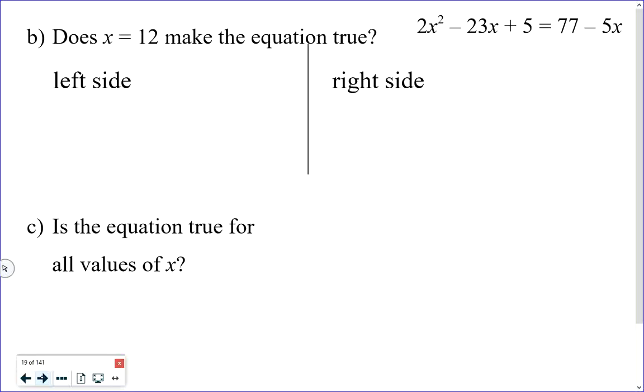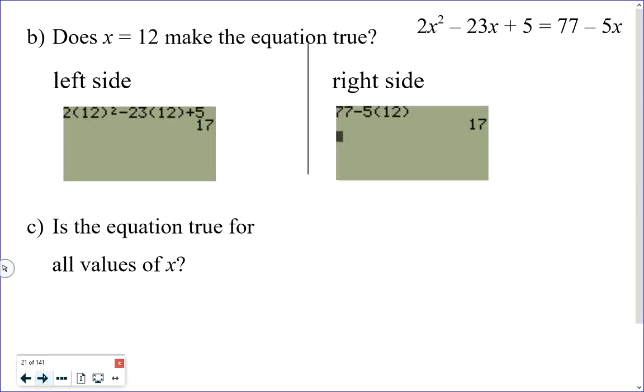And I have no doubt that you have the skills to do so. And what you're going to get is 17 on the left, and you're going to get 17 on the right. So the answer to this question is yes. What we have discovered through me leading you is that those two values of x are values of x that make that equation true.